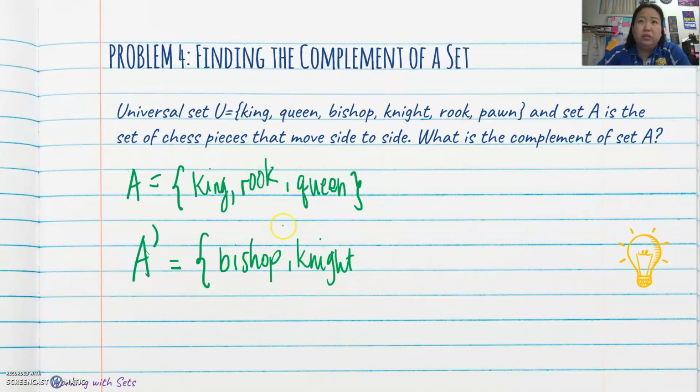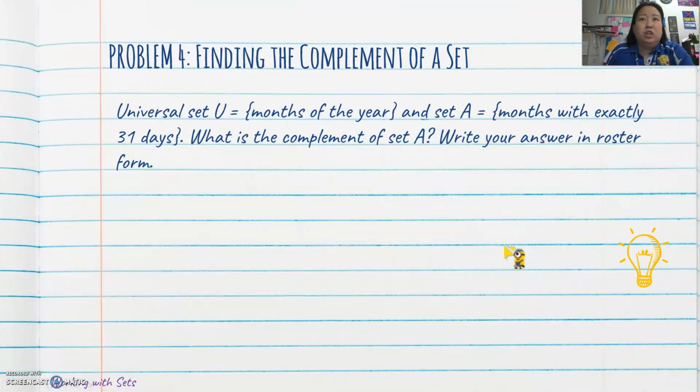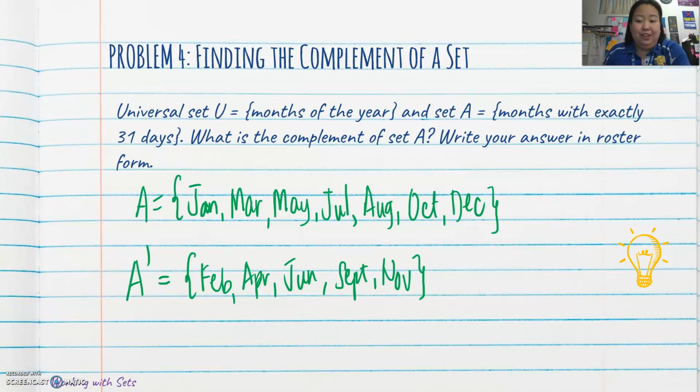The rook is in set A, and then the pawn is going to be in the complement. That is how you can identify the complement of any given set. Why don't you try this next example on your own? Go ahead, find the complement of set A. If you know your months of the year, the months with 31 days are in set A, and the complement are those that don't have 31 days in them.